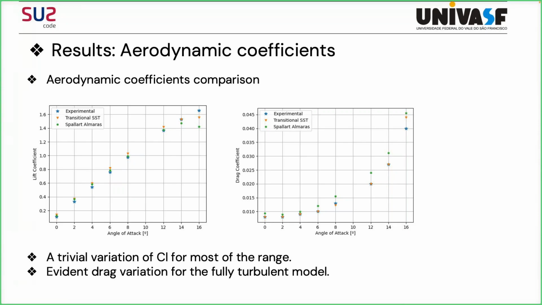Spalart-Allmaras shows a bigger difference, but not exceeding 21% relative to the experiment. In that range, this is mainly due to the mathematical treatment of fully turbulent flow, while the transitional SST can better capture the friction and viscous drag due to the nature of its complex four-equation model.